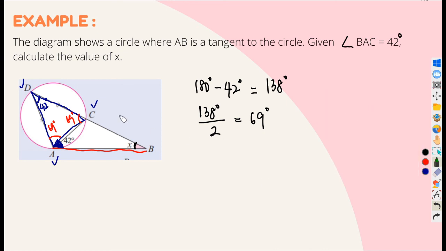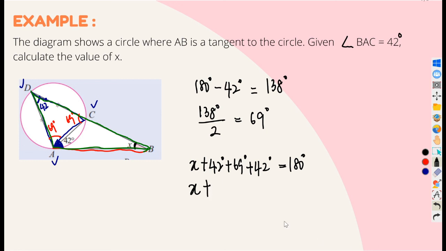You can see we have one big triangle, which is A, B, and D. We know 42 here, and then we can add this angle here to find X. So x plus 42 degrees plus 69 plus 42 is equal to 180 degrees.